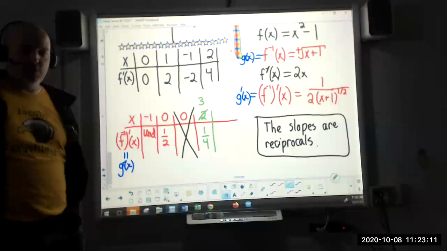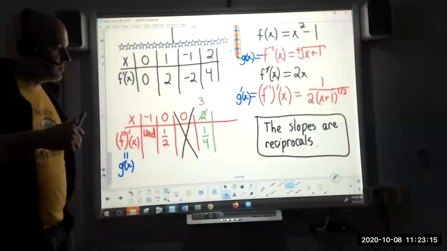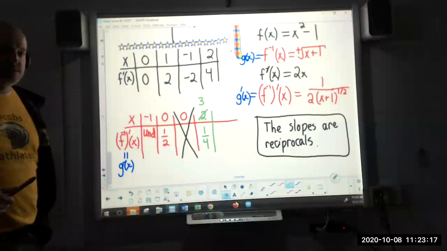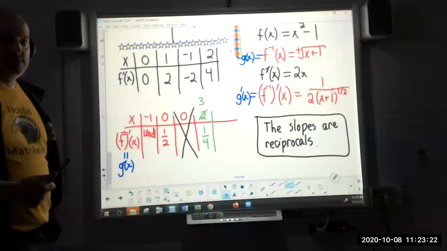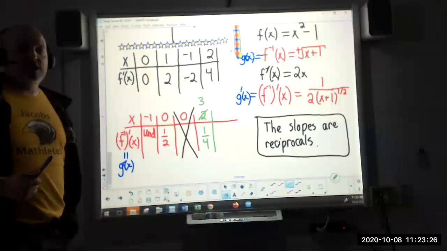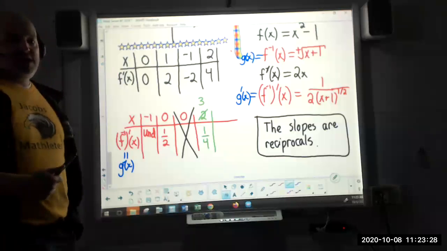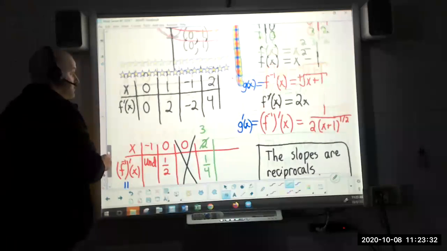Absolutely not, no. So it's not just that the slopes are reciprocals. The slopes are reciprocals at the inverse points. So that's why we have to be so careful with the words inverse and reciprocal. Okay, the same thing persists.